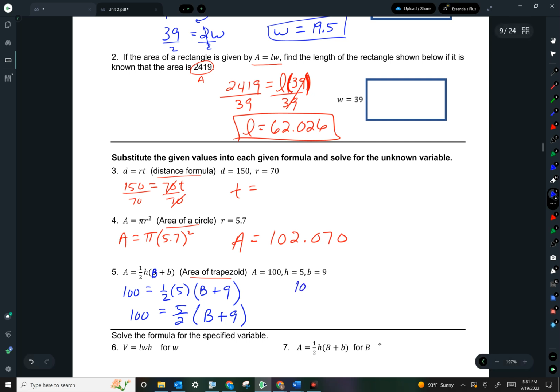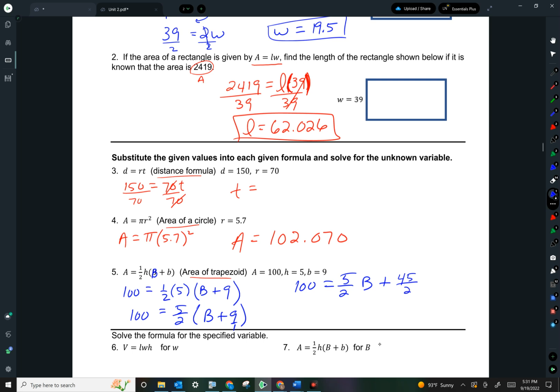So I'm going to have 100 equals 5/2 times B, plus 5/2 times 9. Now I know you could pull out your calculator, but if you think of this as 9 over 1, and you multiply straight across, isn't that just going to be 45 over 2?